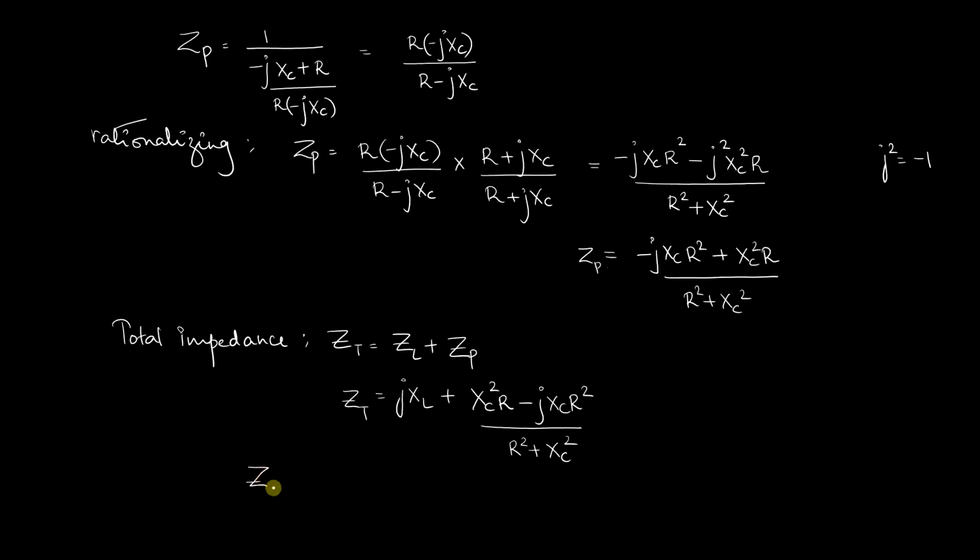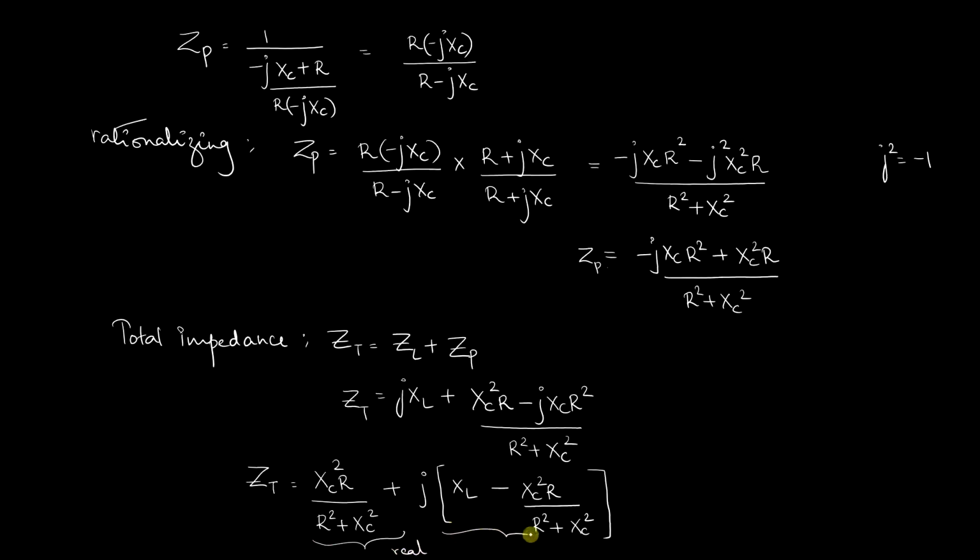So we can segregate that and write this expression as XC square into R divided by R square plus XC square, plus j into XL minus XC square R divided by R square plus XC square. So this is the real part of the equation, and this is the imaginary part of the equation.